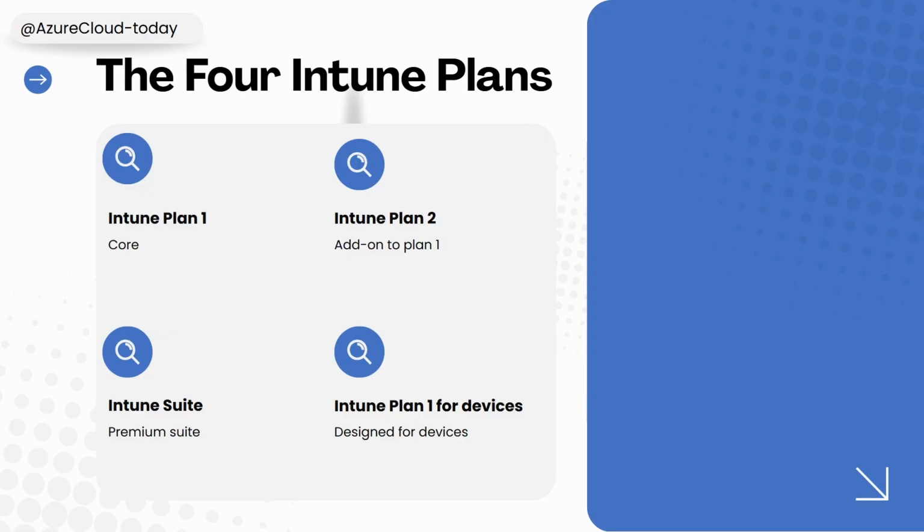That means you need Exchange Online and Microsoft 365 applications, which aren't a part of Intune Plan 1 on its own. The easiest way to get those is a Microsoft 365 Business Premium license, which bundles everything that we need.